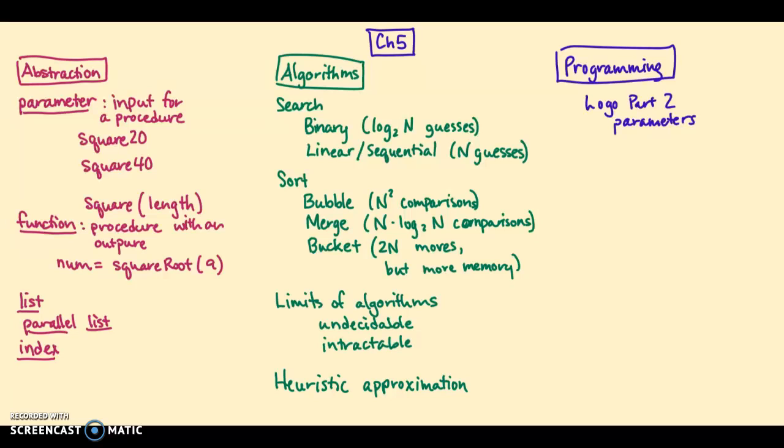And you were introduced to the idea of a function. And then there was a quiz app, which you spent some time at. And the quiz app had a lot with parallel lists. And you were programming with parallel lists. You learned how to select an item from a list.